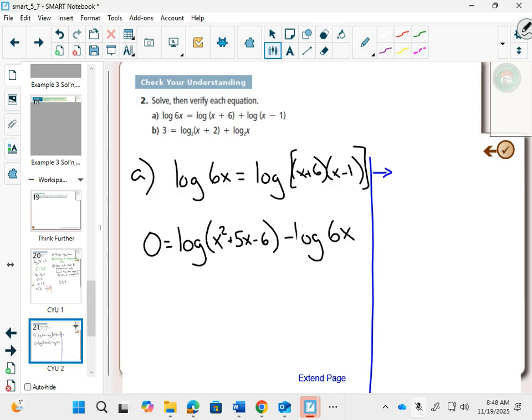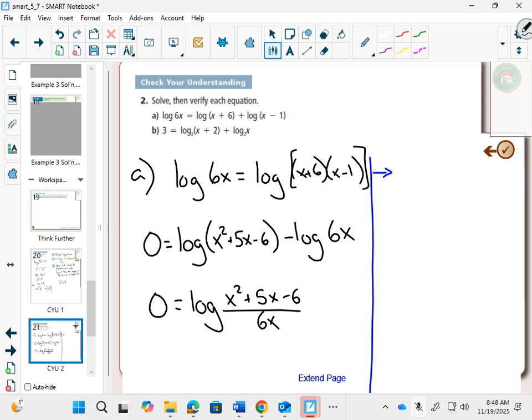In order to combine logs, first of all, they'd have to be on the same side of the equation. And then you're going to use your log laws. Is there a log law for subtracting? Yes. Subtracting two logs is the same as dividing. So I can divide by 6x, and now I have a single logarithm.